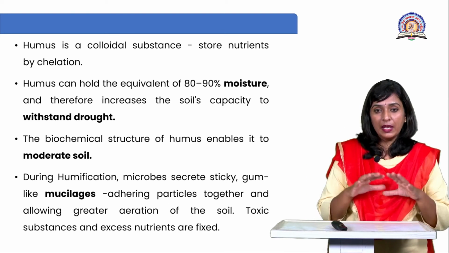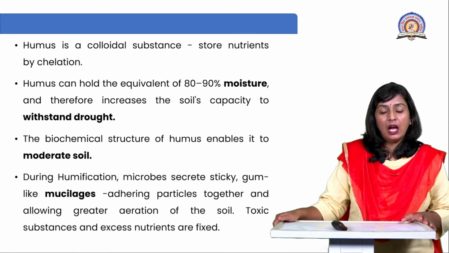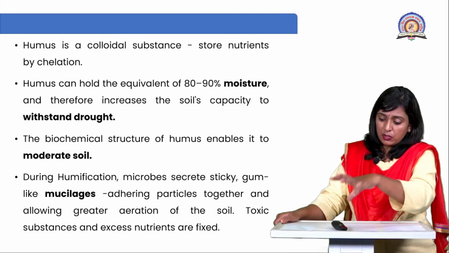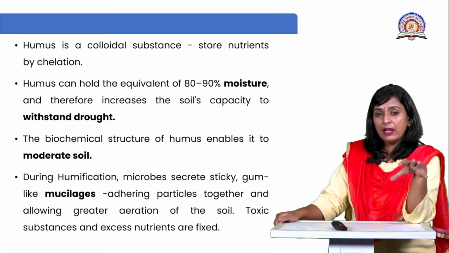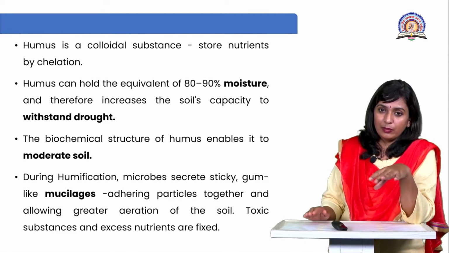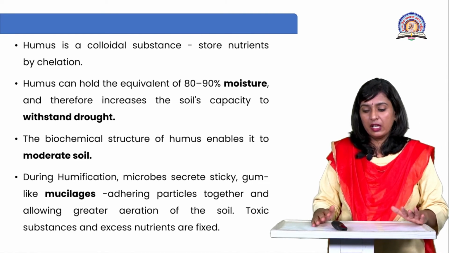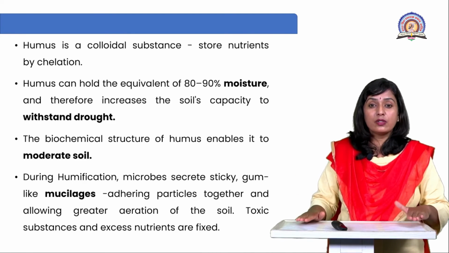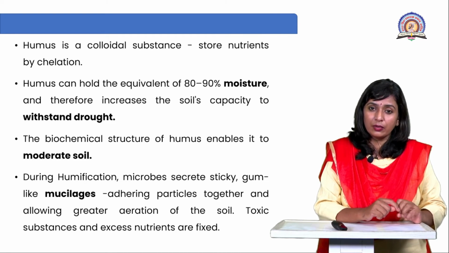Even some of them remain as they are in the form of stable components, right? मग अशा वेळेस काय होणार आहे की जेव्हा ह्युमस आपण सॉइलमध्ये ॲड केलं, in any agricultural field, suppose we add the humus, what will happen? That humus will act as a moderator, जे काय ते बफरिंगचं काम करणार आहे. जर समजा बाय चान्स सॉइलची क्वालिटी एकदम डेटेरिओरेट झालेली आहे, right, and to that soil if you add the humus, so the quality of that soil is going to improve because humus is going to do that, right?